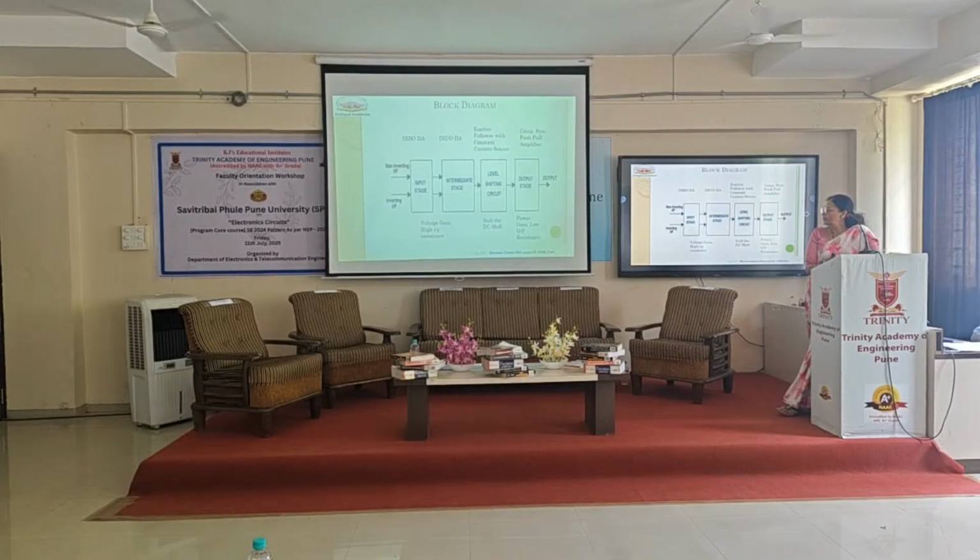Now, whenever the term differential amplifier comes, students are aware of the amplifier, already learned about it in the first unit, second unit. But here we are going for a new concept, that is the differential amplifier.